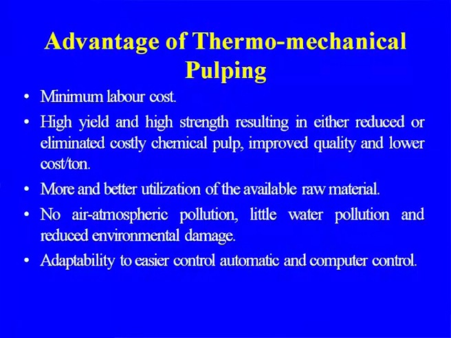Another advantage is minimum labor cost and high yield, because the stone ground pulp was using high energy consumption. So, minimum labor, high yield and high strength, resulting in reduced or limited use of costly chemical pulp, improved quality and lower cost, more and better utilization of the available raw materials, no air pollution, and little water pollution, because in the case of stone ground we are also adding water during pulping, and so the water has to be removed, and this reduces environmental damage.